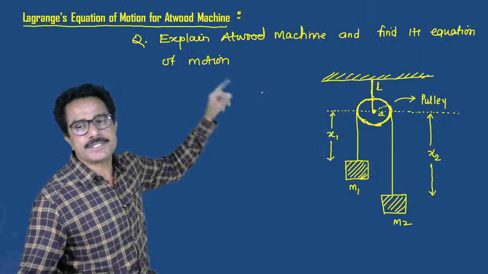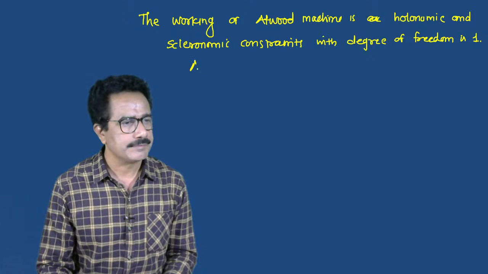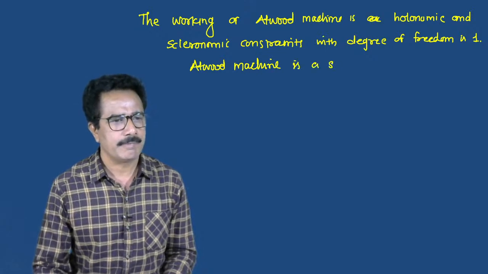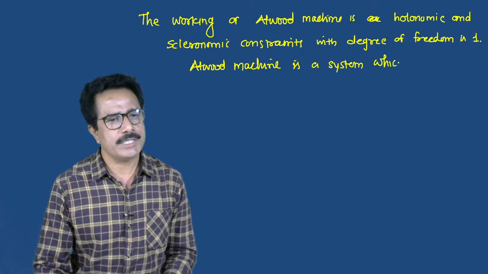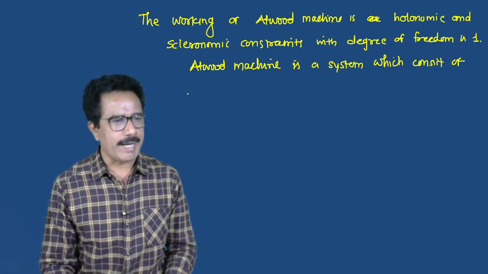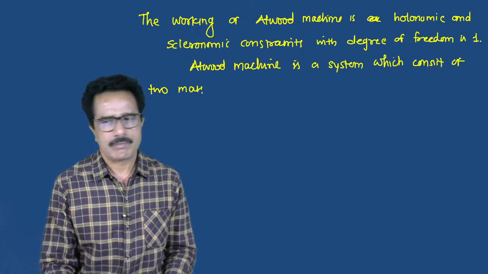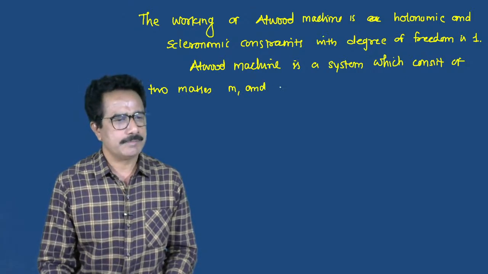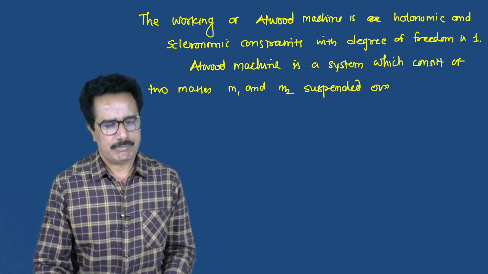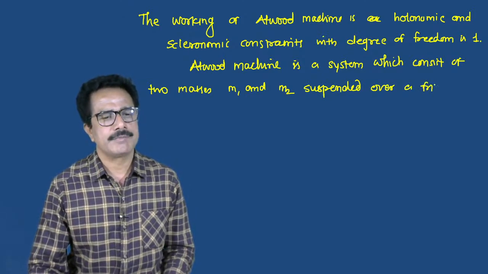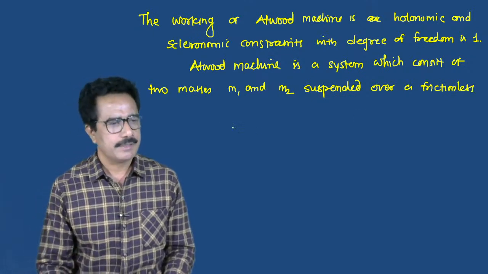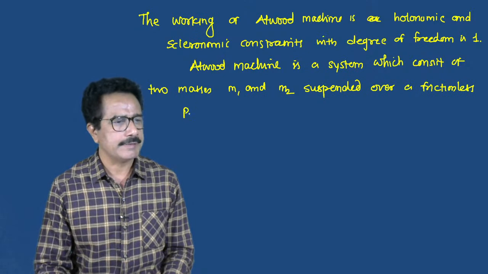Atwood machine is a system which consists of two masses M1 and M2 suspended over a frictionless pulley.